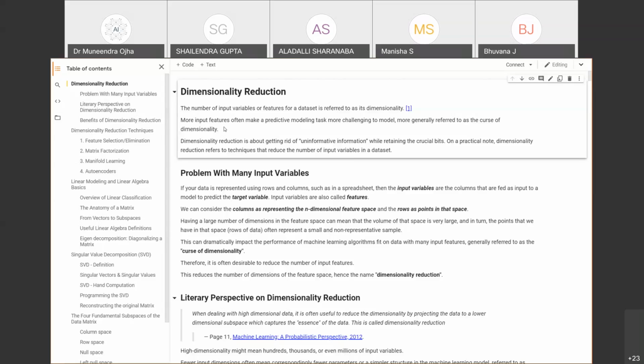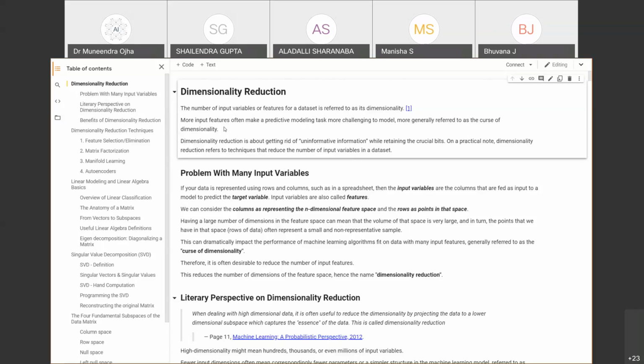So suppose any data you have has got 20 feature values, 20 columns. It means that data point, if it has to be represented, will require a 20-dimensional space. And as you can easily imagine, if I have a two-dimensional space, the amount of space that I have to search to find the pattern will be much smaller than if I have to search for a pattern in 20-dimensional space.